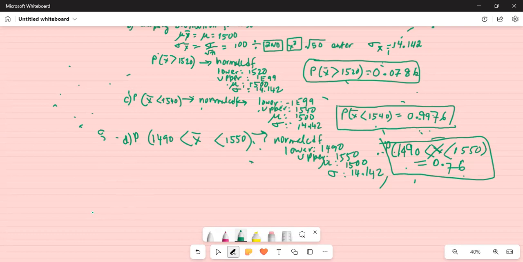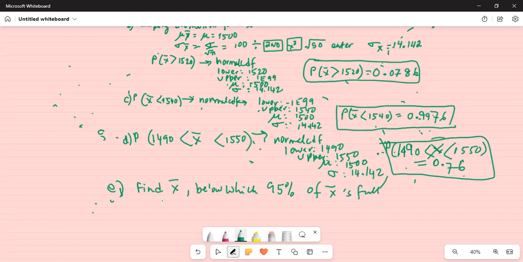So part E: find X bar below which 95% of X bars fall.